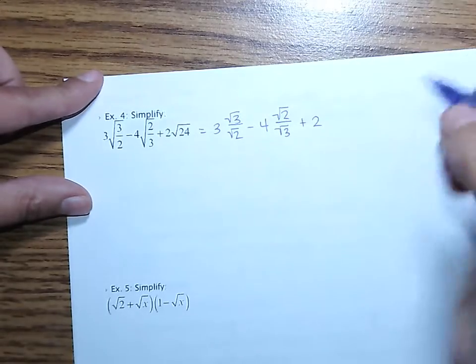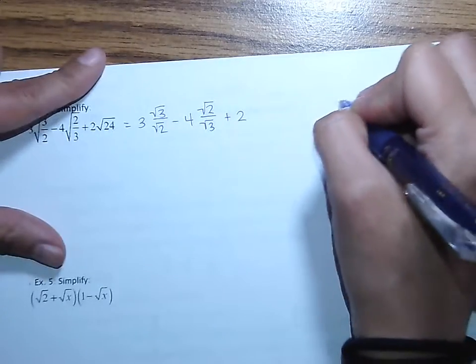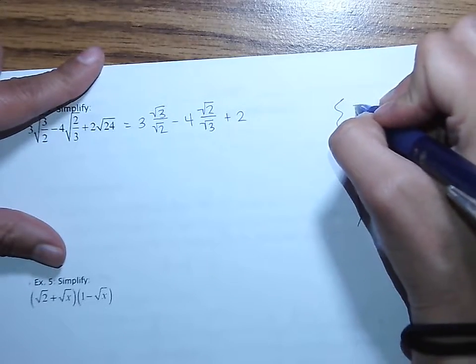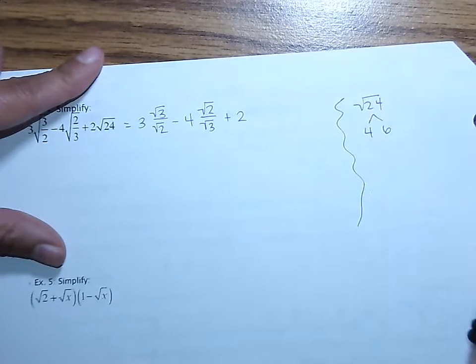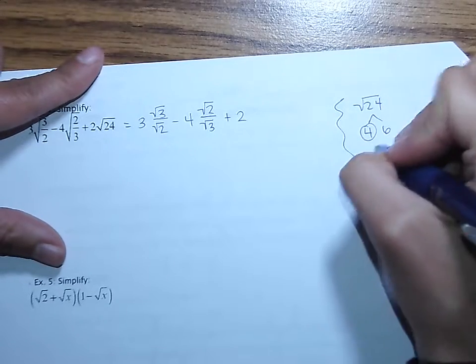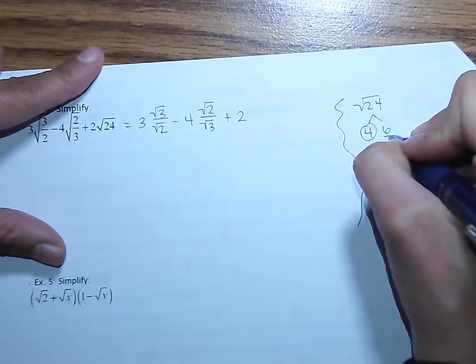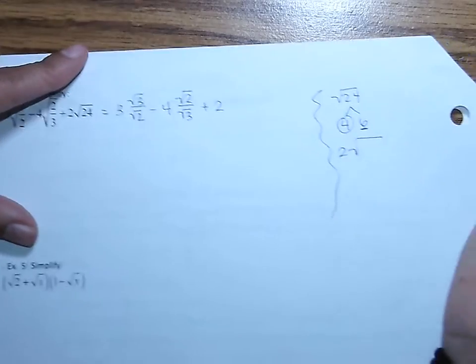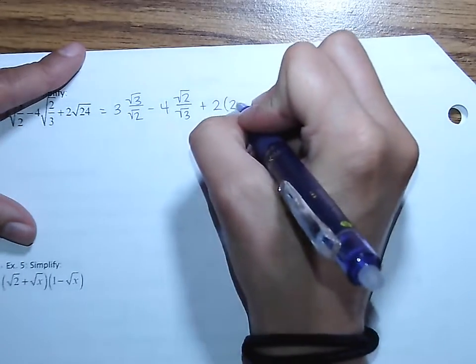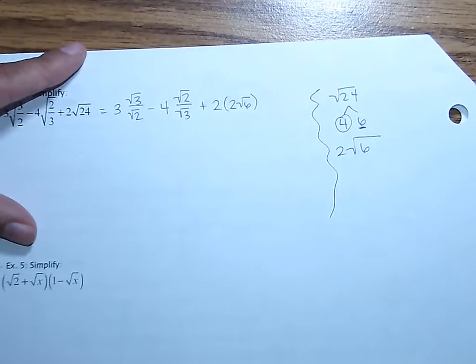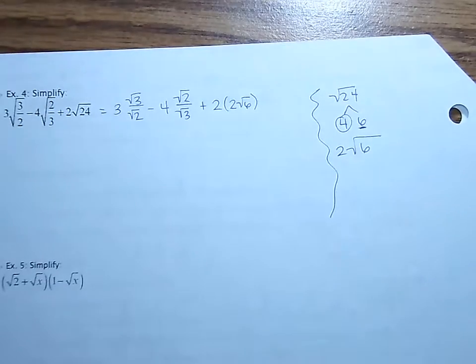I'm going to come over and do some scratch work. Square root of 24 can be broken down into 4 and 6. 4 is a perfect square, so it comes out. 6 is not, and it doesn't break up into any other perfect square, so it stays inside. So I'm going to rewrite this square root of 24 as 2 square root of 6.